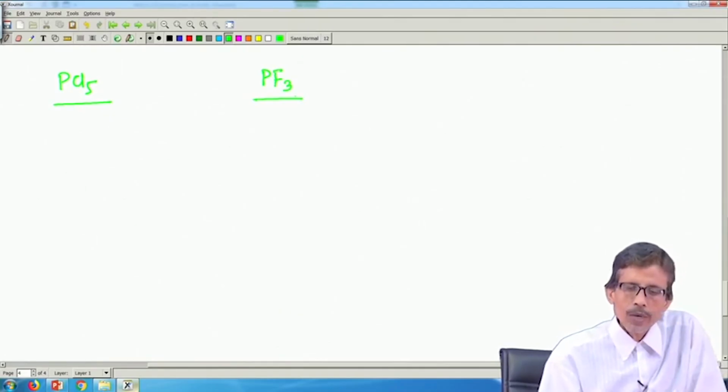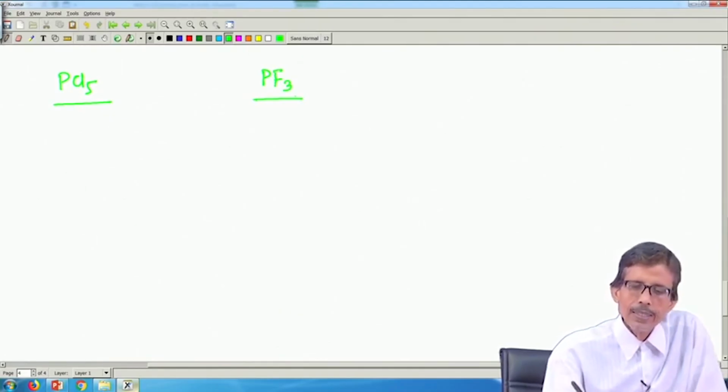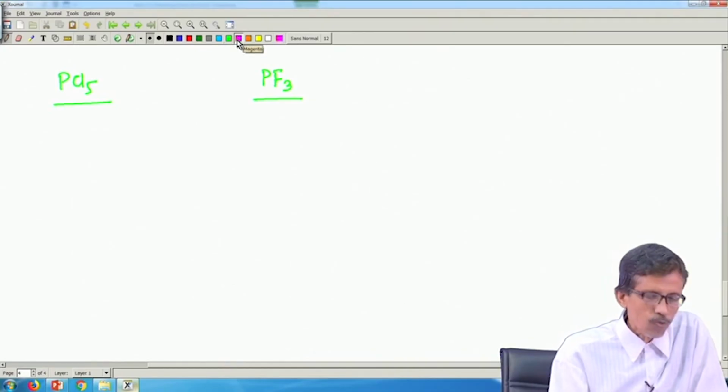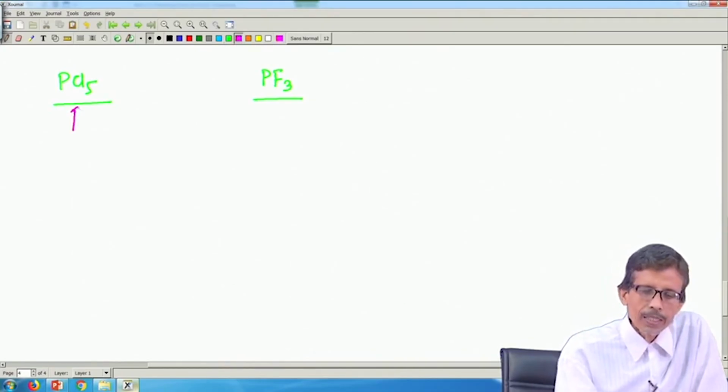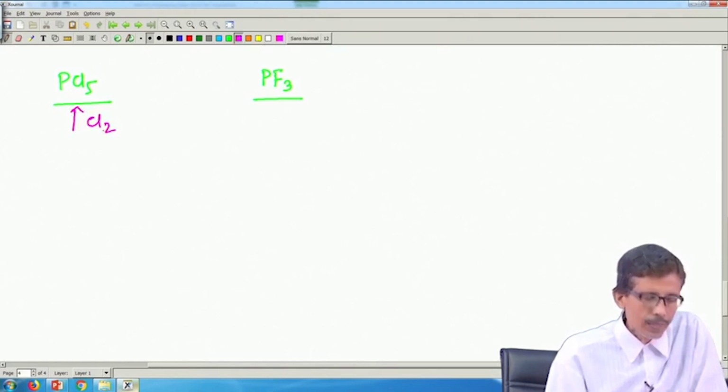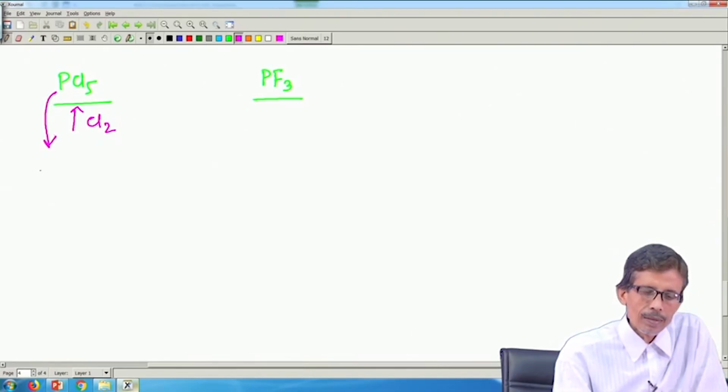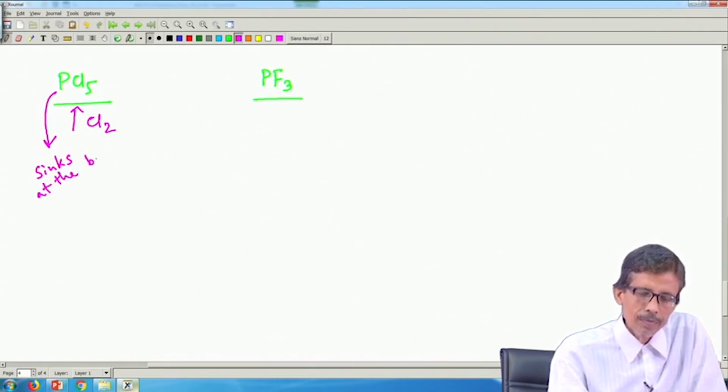But before going over there, we just see how you get this PCl5. It is nothing but the addition of one Cl2 to the PCl3. When we get that, the product sinks at the bottom of the reaction chamber and should be removed from there.